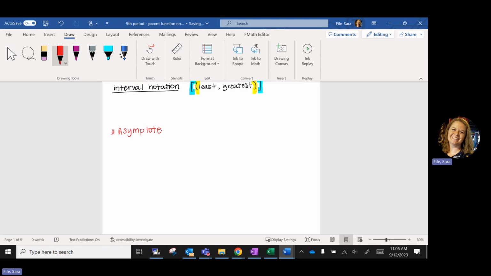That's asymptote. An asymptote is a line the graph approaches but never reaches.